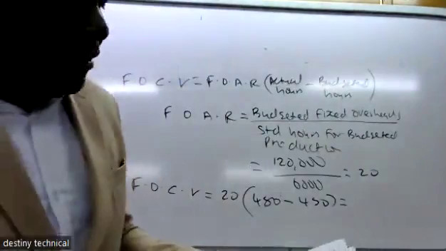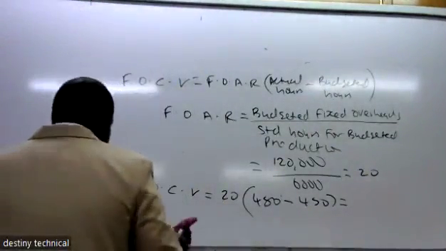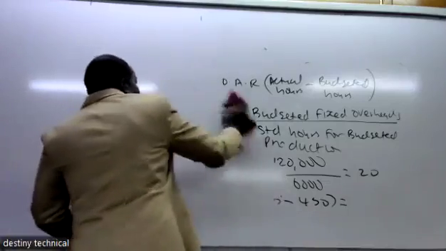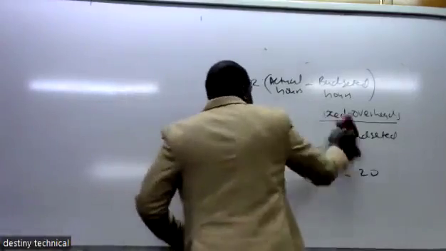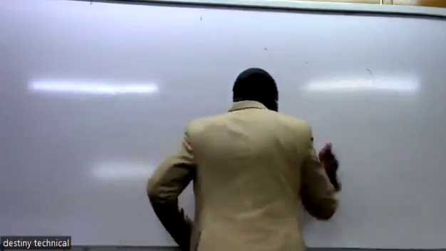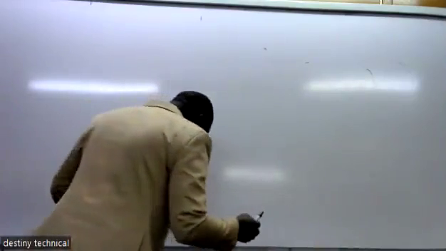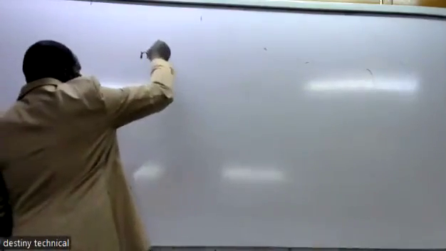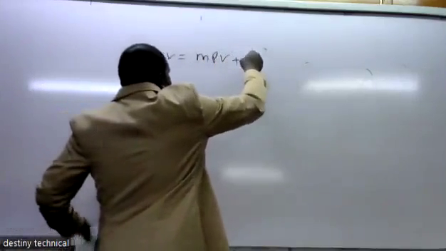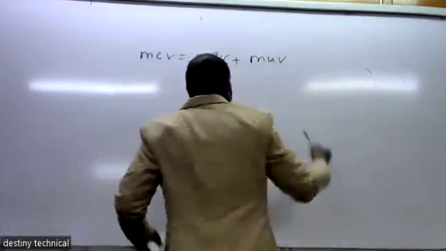So Roman letter 1, when you want to get the material cost variance, remember, you just take the material price variance plus the material usage variance.